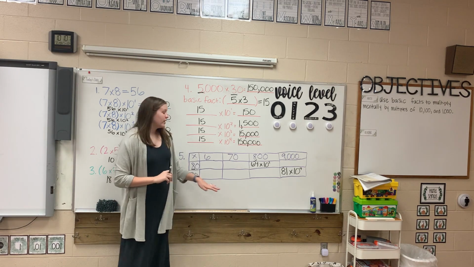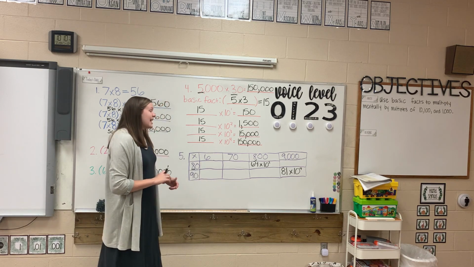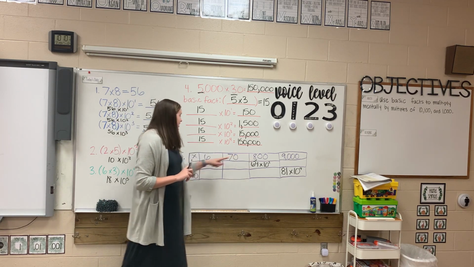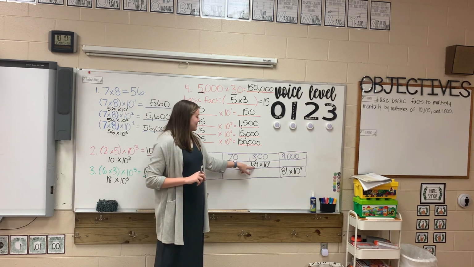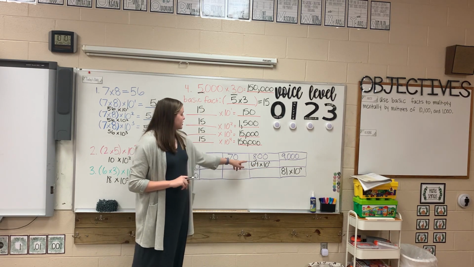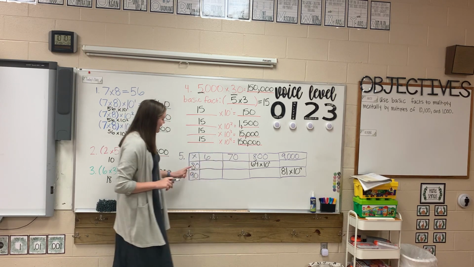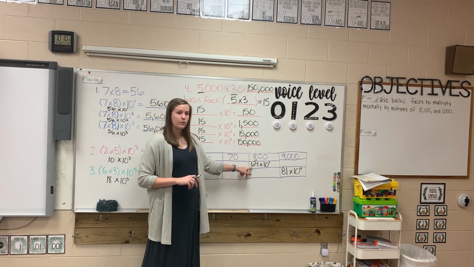Great job. So we're going to work on doing the same thing in chart form. They gave us a sample, so let's look at that first. They said 800 times 80 is the same as 64 times the third power of 10. So they looked at these first 2 digits in their numbers, 8 and 8, and they said 8 times 8 is 64.